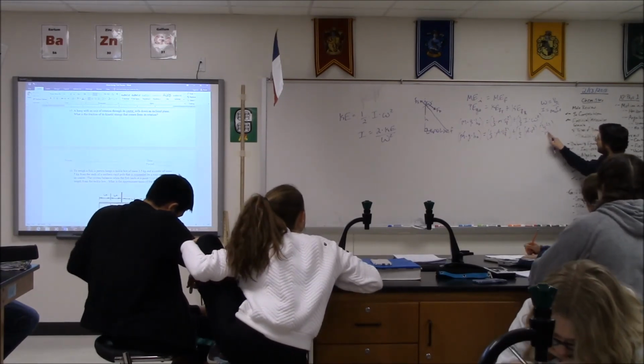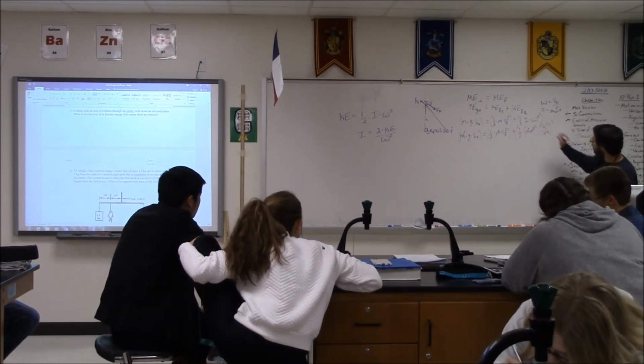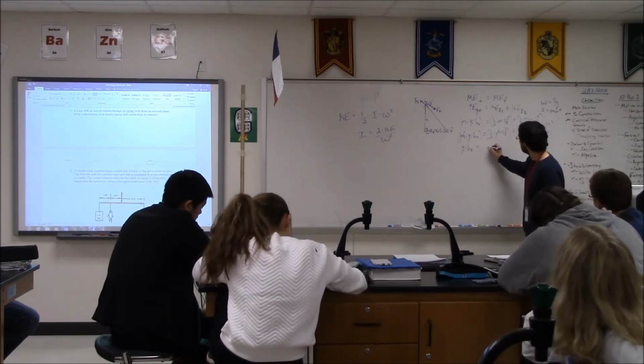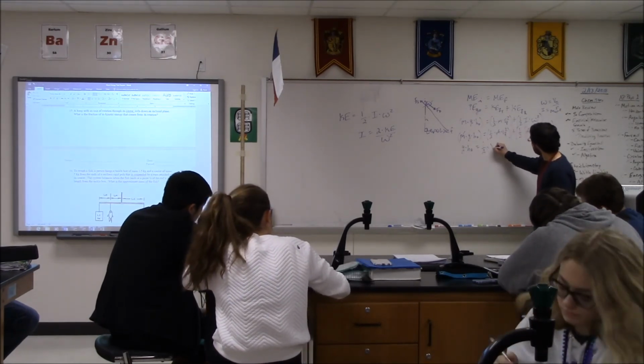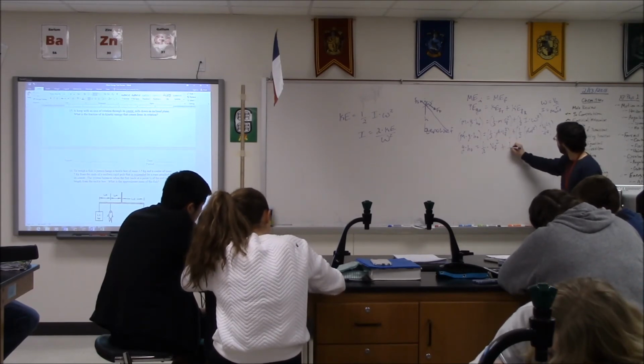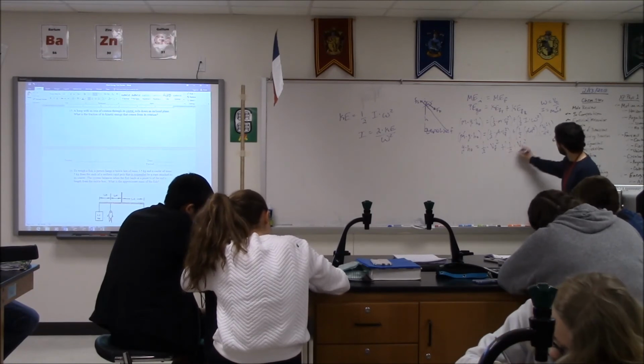If I multiply this times this, then these go away. So I have g times h naught equals 1/2 v final squared plus 1/2 v tangential squared.